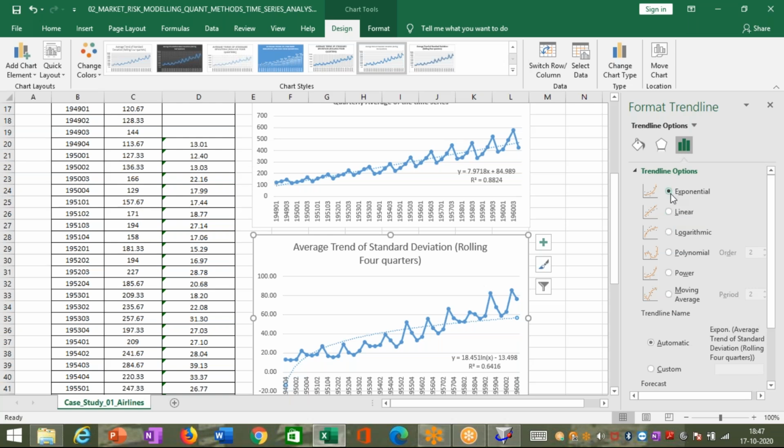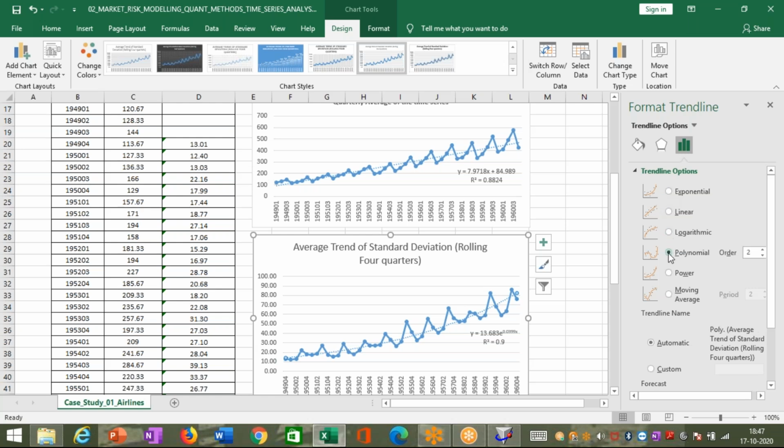So it's an exponential fit which is giving you a 90% fit. You can say that the trend of the standard deviation is increasing in an exponential manner.